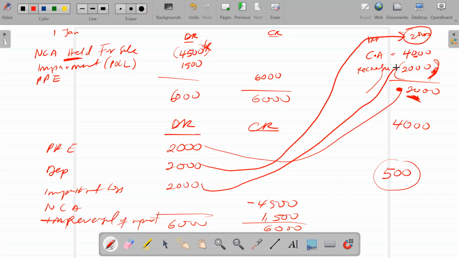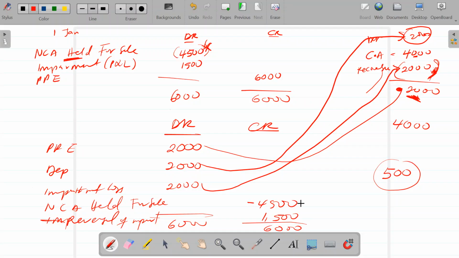Then the non-current asset held for sale, we have to derecognize it by crediting the non-current asset held for sale.